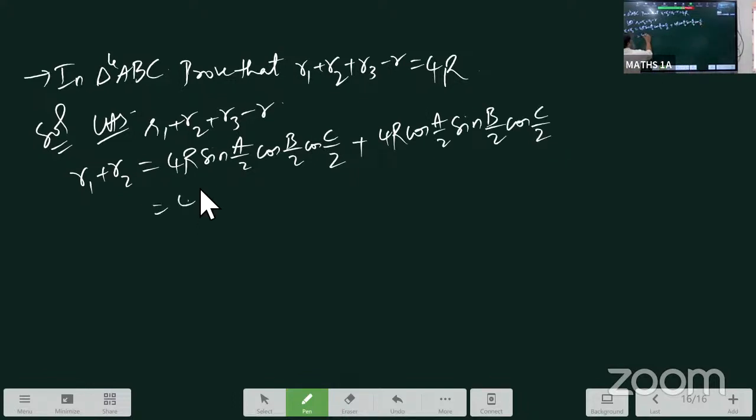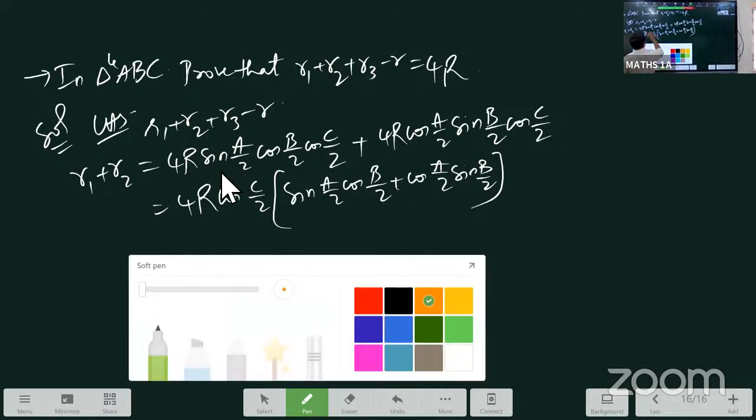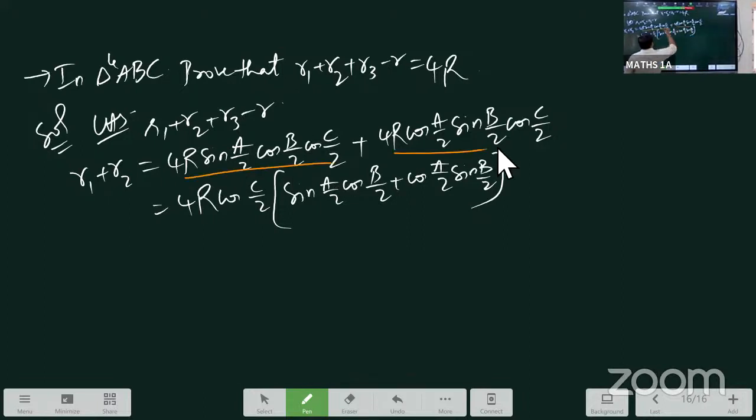Now 4R cos C by 2 I can take common. Then what is left out? Sin A by 2 cos B by 2 plus cos A by 2 sin B by 2. These are your properties of triangle formulas for R1 and R2.